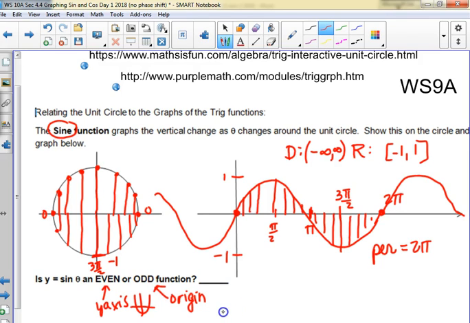Looks like this, right? Origin symmetry means it's the same upside down. So it's doing something like this one is, or a cubic, or tangent graph. So this is an odd function because it looks the same if I take and flip it upside down around the origin here. Okay? We good?